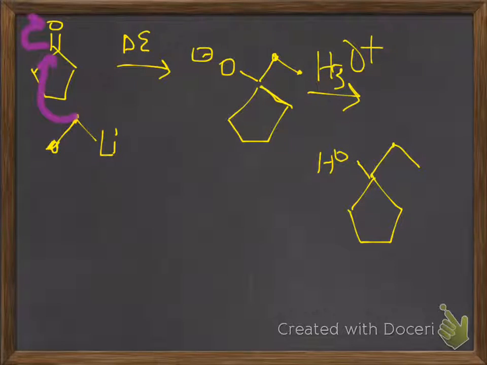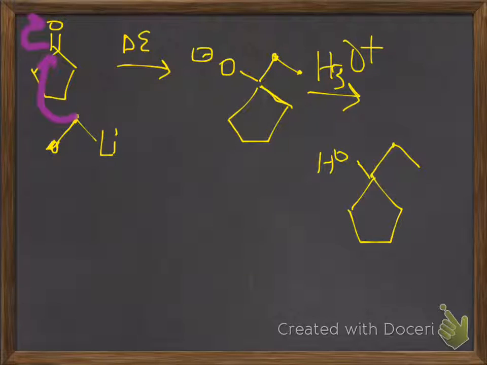Right, so 1-ethyl 1-cyclopentanol is good. Technically you could get by saying 1-ethyl cyclopentanol because by default, since there's only one function we're basing off of, the oxygen has to be on carbon number 1, but you won't get in trouble if you say 1-ethyl 1-cyclopentanol or 1-ethyl cyclopentan 1-ol as well, which just becomes kind of wordy.